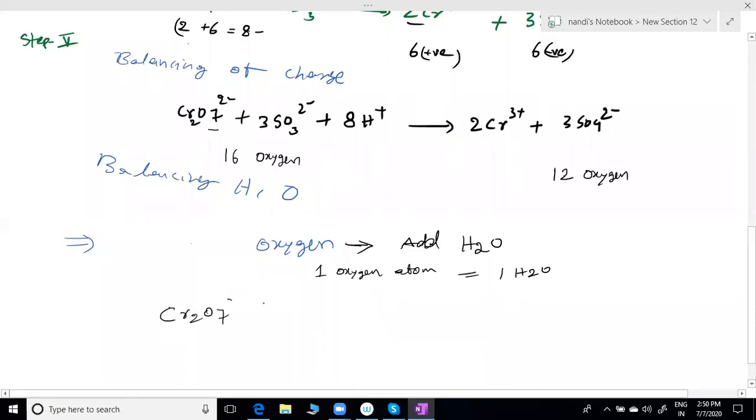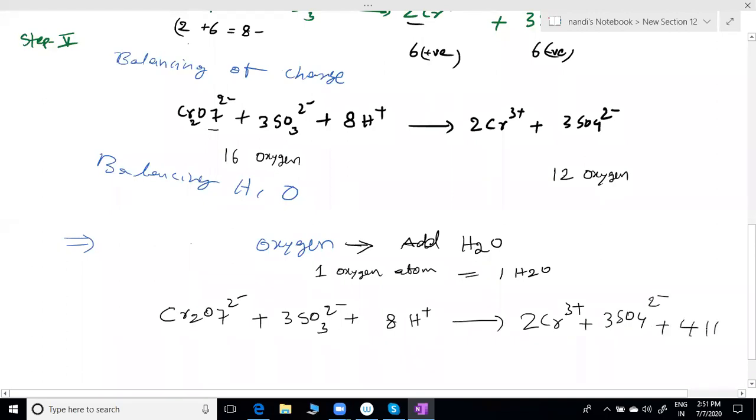Cr2O7 2 minus plus 3 SO3 2 minus plus 8 H plus ions gives rise to 2 Cr3 plus, 3 SO4 2 minus plus I am writing 4 H2O, sir, because here 12 is there.